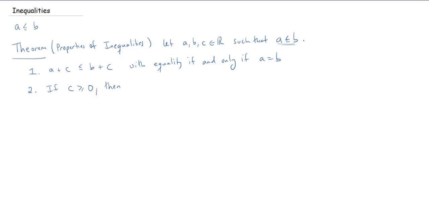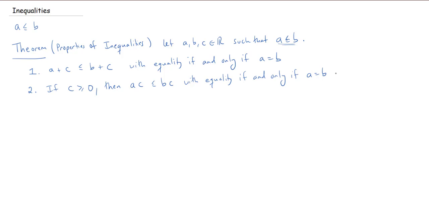So if C is non-negative, then A times C is less than or equal to B times C. Okay, and again, we want to know when could you have equality. And we almost can say the same thing with equality if and only if A equals B, but that's not the only possibility.